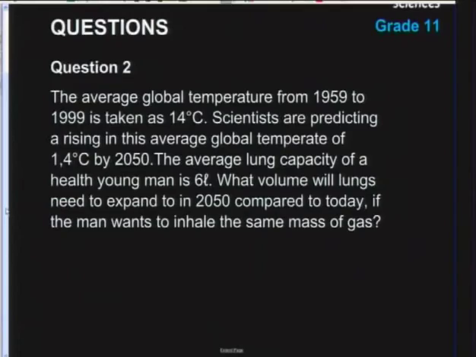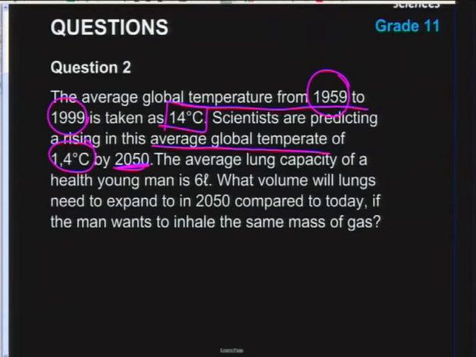The average global temperature from 1959 to 1999 is 14 degrees Celsius. And scientists are predicting that a rise in the average global temperature of 1.4 degrees Celsius by 2015 can happen.